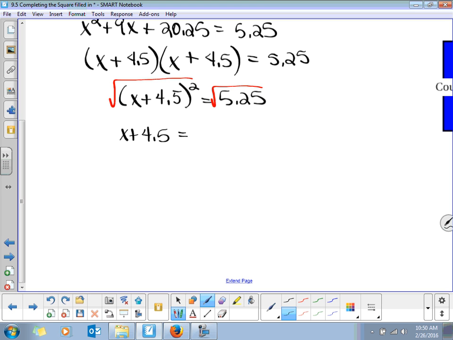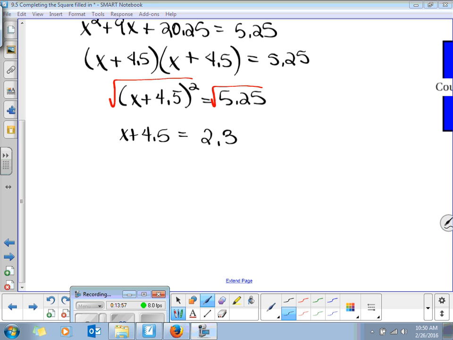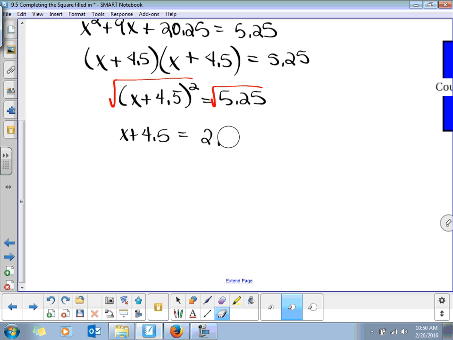I know I tell you not to round in the middle, but we're going to have to on this, right? It's 2.29 in the calculator. Rather than rounding to the nearest tenth, let's just round to the nearest hundredth. So this is going to be 2.29, okay? And also, it's going to be a positive and a negative, right?